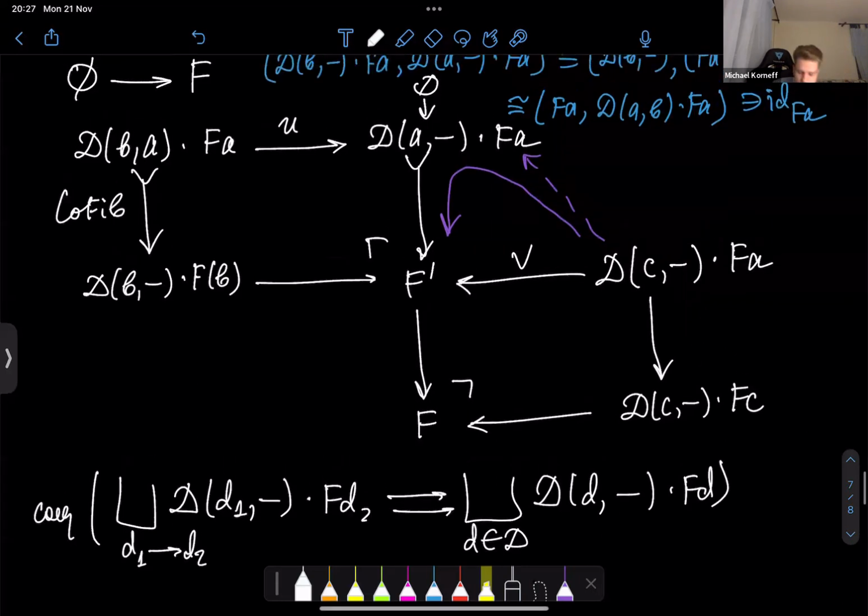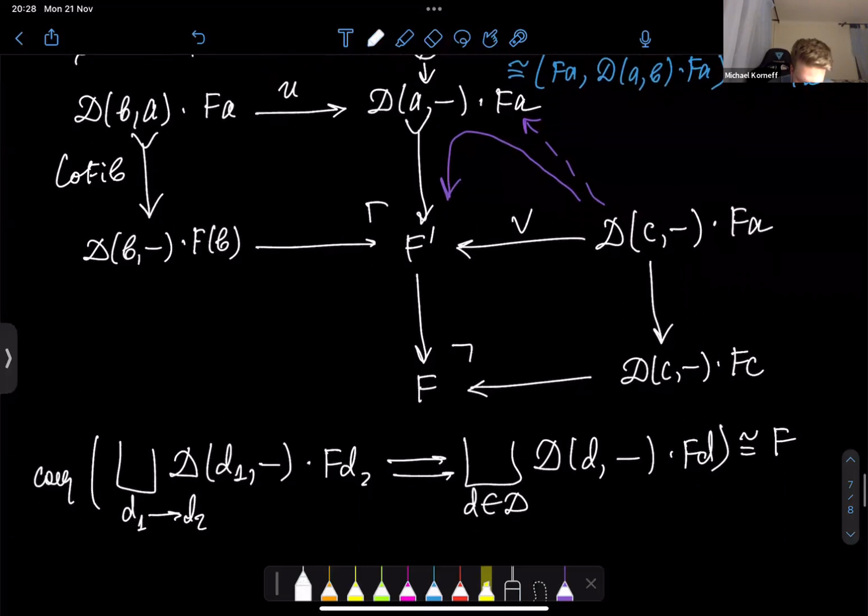But from the counit lemma, or you can just verify the universal property of the coend, F is the answer for this coequalizer.